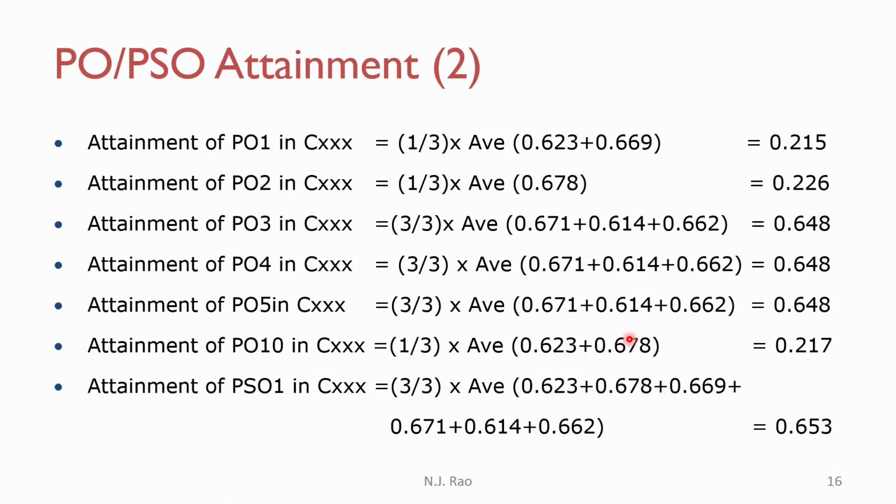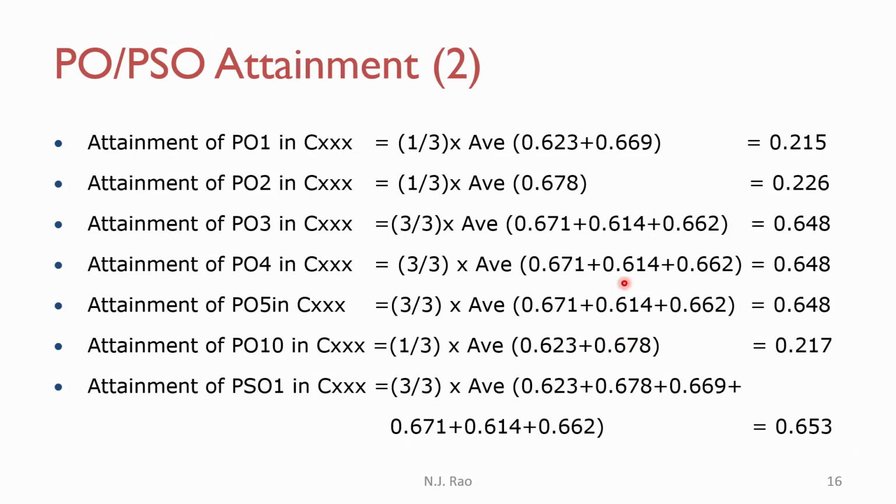If you look at PO3 and PO4, where the lab sessions are involved, the mapping strength being 3, though the average class marks are roughly the same, that particular PO attainment turns out to be quite high because of its mapping strength.